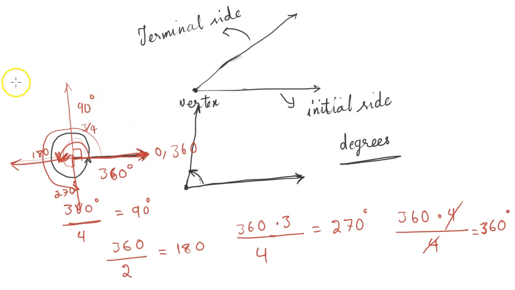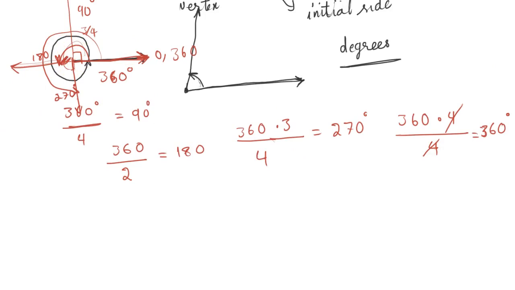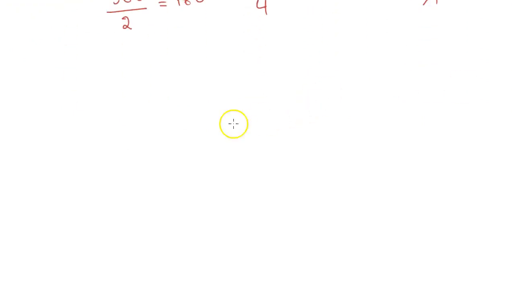So an angle in standard position is just something like this. You have a Cartesian coordinate system like this, and the initial side of your angle is always at this position along the positive x-axis.